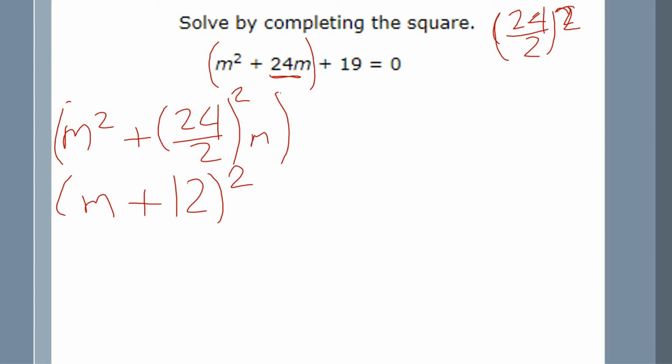Now, what about the 19? Well, believe it or not, you leave 19 alone. So you go plus 19 minus, now you've got minus this guy, minus the 144.